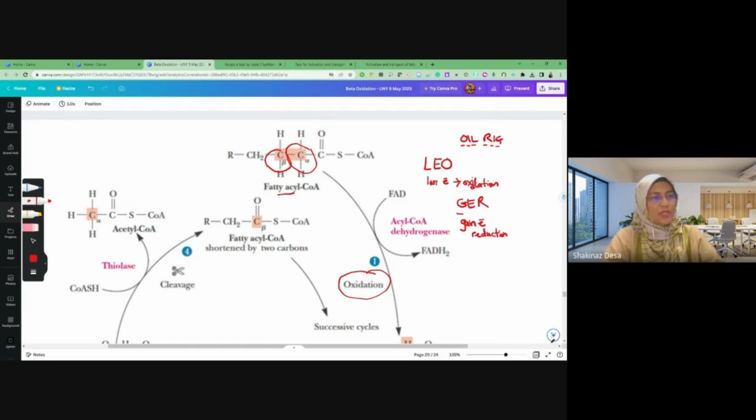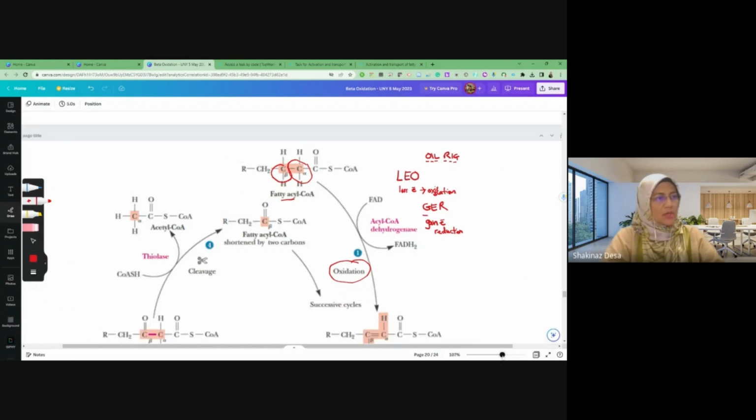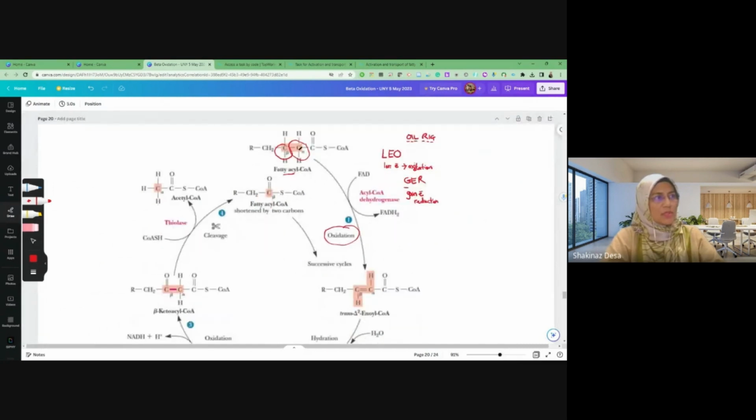Look at this structure closely. You see the structure here, carbon, CoA, and then we have the alpha carbon here, and then the beta carbon over there, and then we have a long chain.